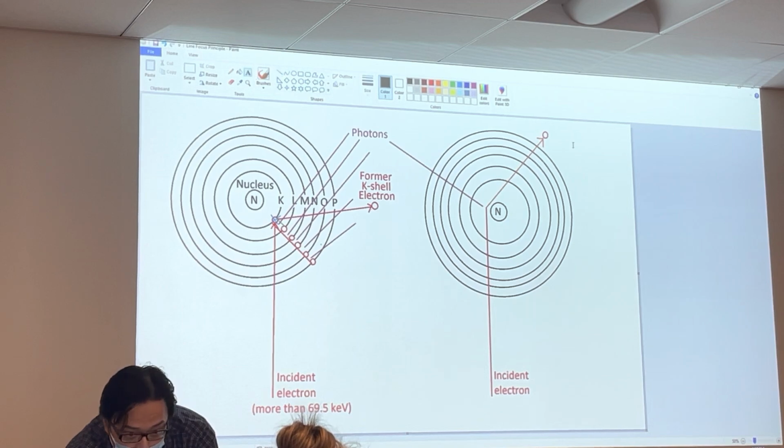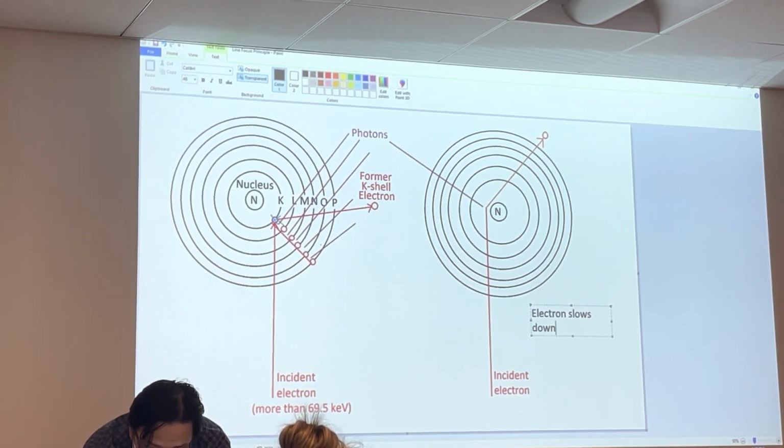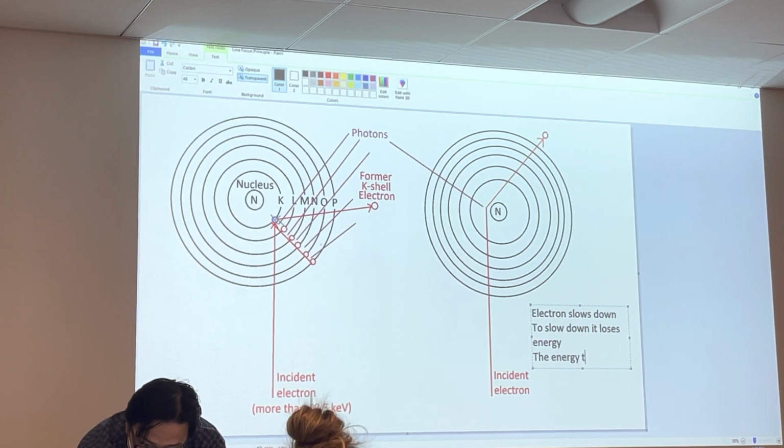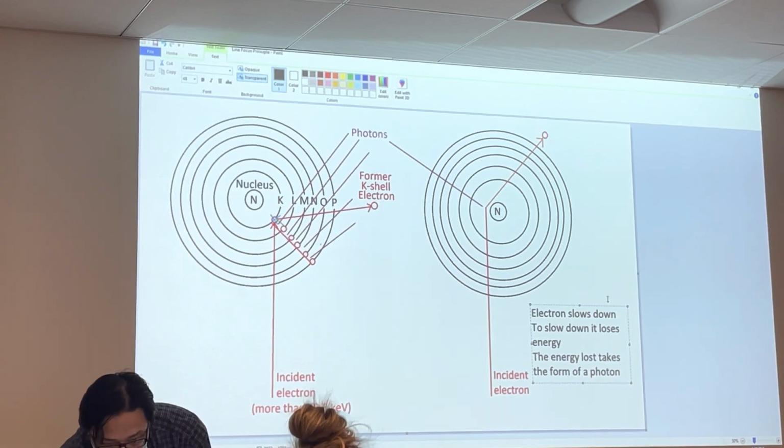Electron slows down. To slow down, it loses energy. The energy lost takes the form of a photon. Okay, that makes sense.